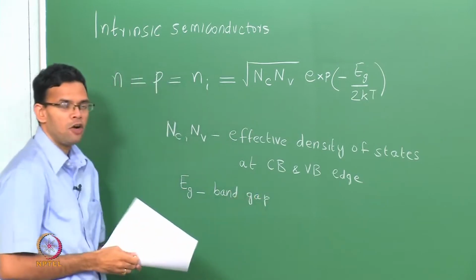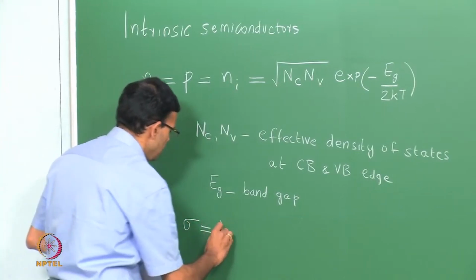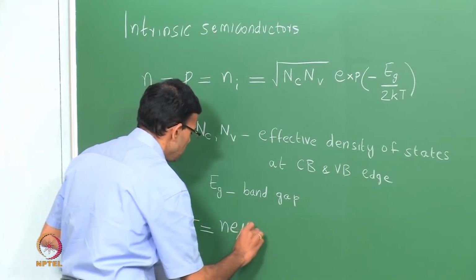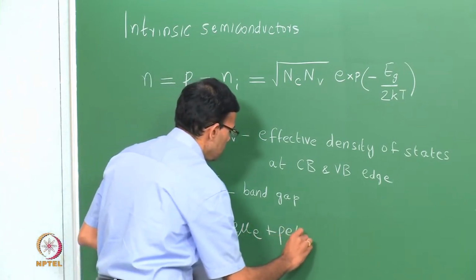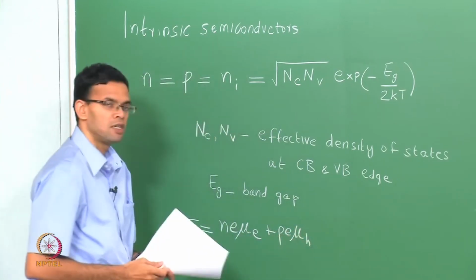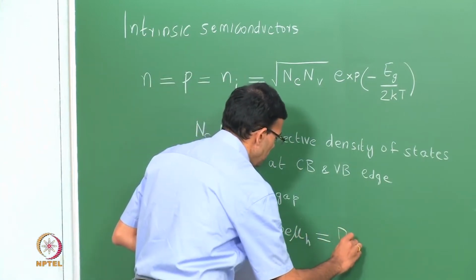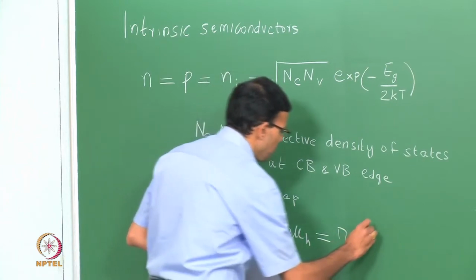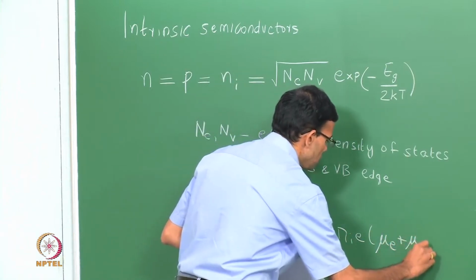We also wrote down an expression for the conductivity sigma as n e mu e plus p e mu h. In the case of an intrinsic semiconductor where n is equal to p, this simplifies into n e times mu e plus mu h.